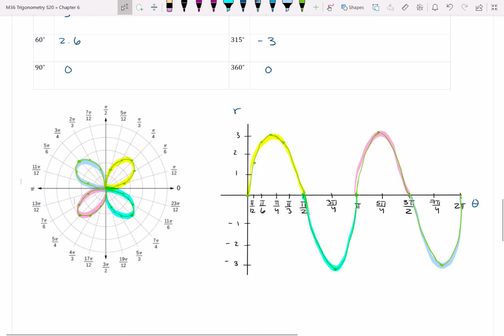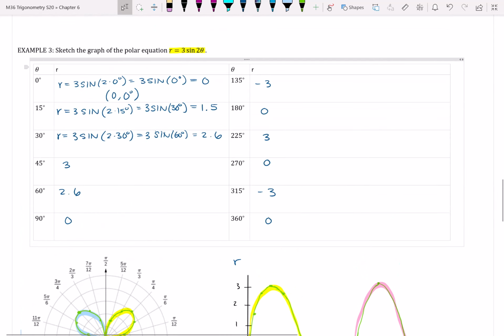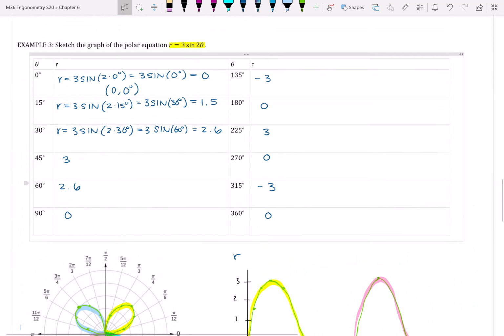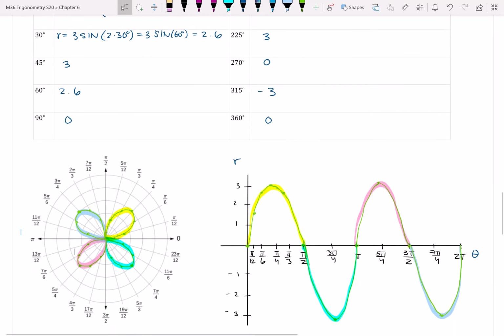And again, we could have just gone with our theta and r, plotted the points, and then followed the points along. So you plug in a point, you connect it with the next point, or again you could use this r and theta graph here that can help you as well.